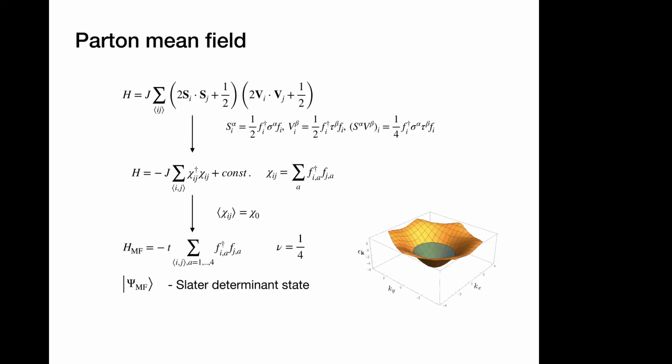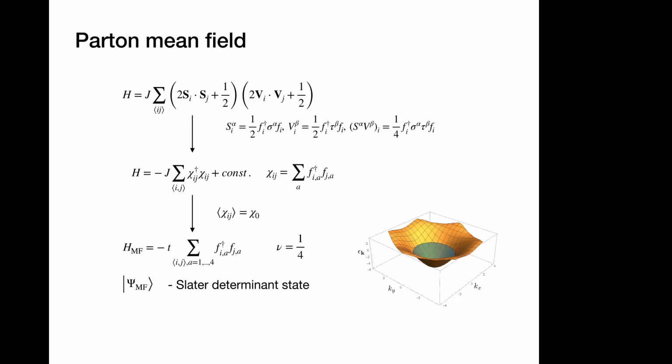The orange shape is really the band structure of my constrained fermions, my Partons, essentially hopping on a triangular lattice, and the blue circle corresponds to the Fermi surface, which corresponds to a quarter filling. As a many-body state, this would give rise to a Slater determinant state, where you essentially just fill in all the fermionic states up to the Fermi energy.